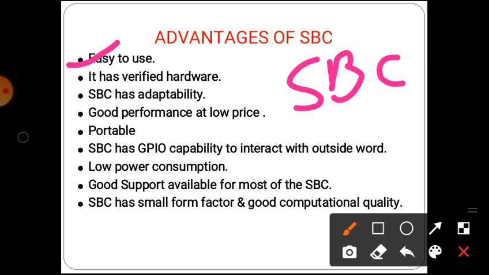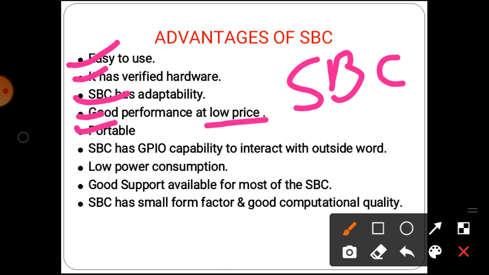Next, it has verified hardware, adaptability, and good performance at low price. As an SBC is a single board computer, its price is low.